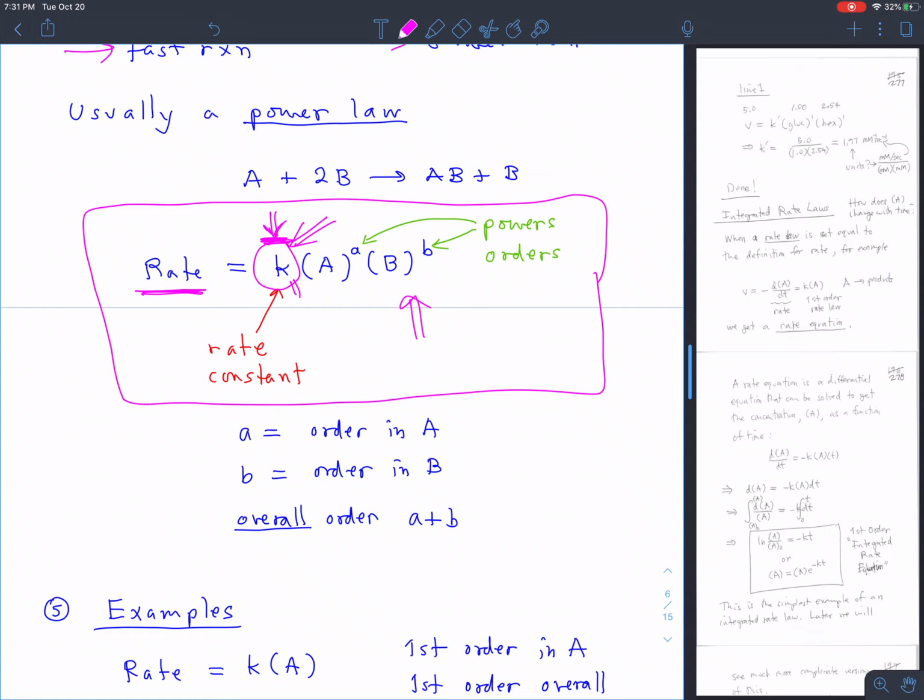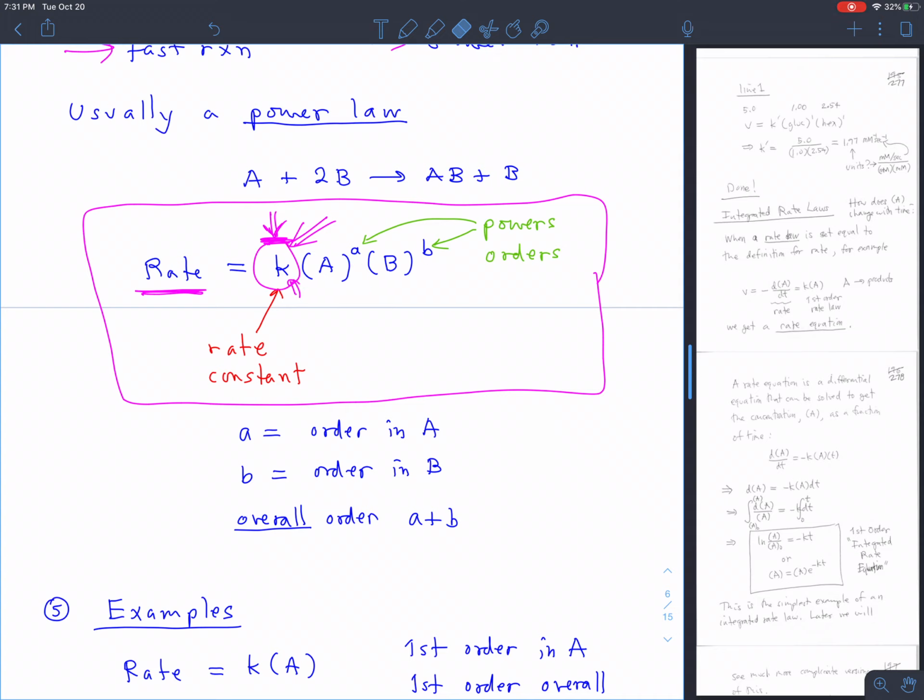So there's a rate constant that's multiplying everything, and then there's a concentration of one of the reactants raised to a certain power, and then there's a concentration of the next reactant raised to a certain power. And if there were 3 reactants, there'd be another one here, so you could have [A]^a, [B]^b, [C]^c, or you can just have one, right? [A]^a, and there is no B or C. All those things are possible. How many reactants or products there are varies from reaction to reaction, so all that's fine.